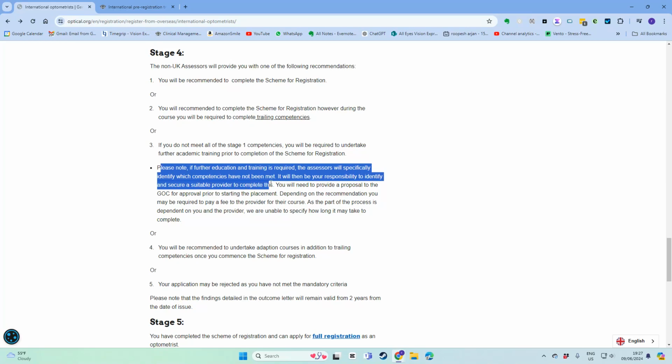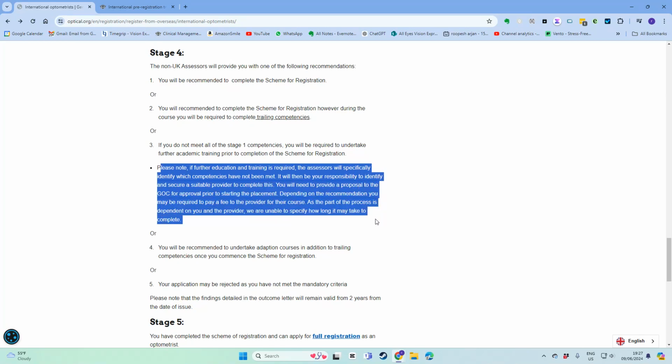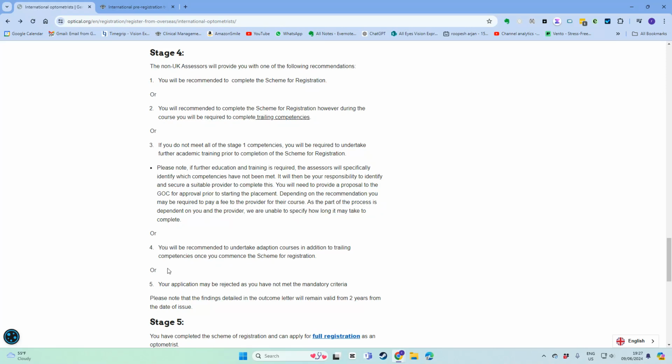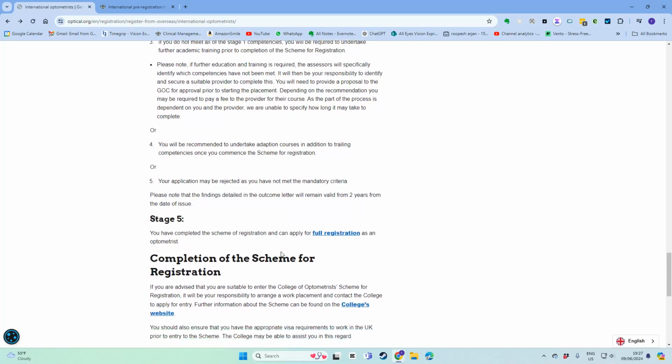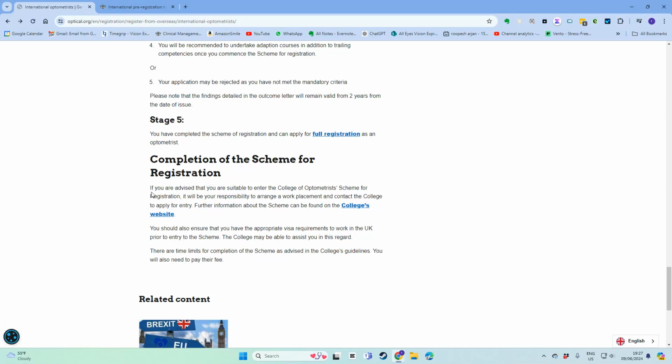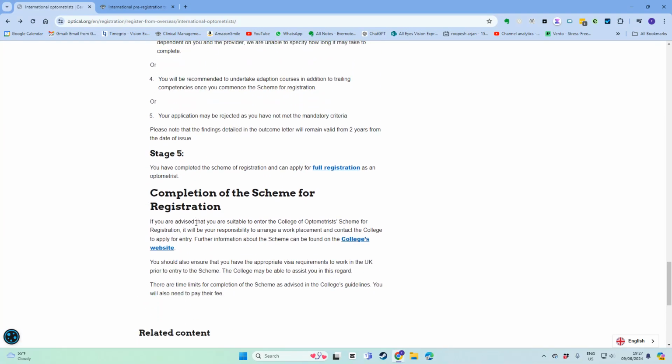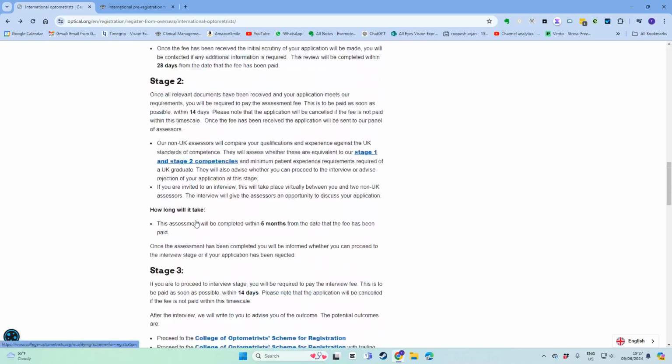Please note, if any further education is required, the assessors will specifically identify what you need to do, or an adaptation course once you complete the scheme for registration. And once you've completed the scheme for registration, then obviously you're able to register as a qualified optometrist.